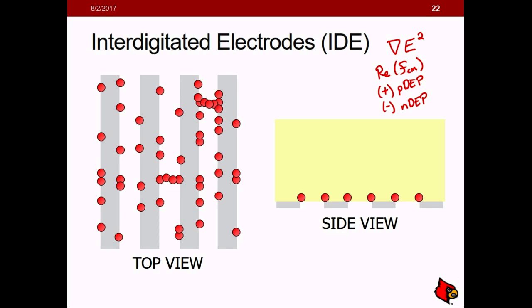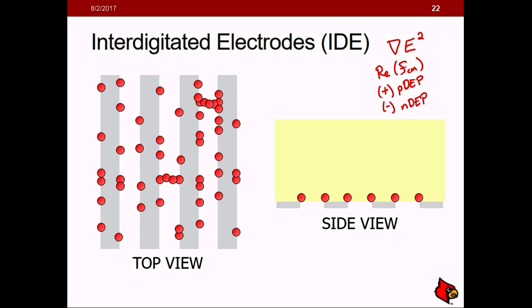If you have an electric field that's moving laterally for this illustration, you have an induced dipole and a neighboring particle that has an induced dipole. You'll have an attractive force between them because the negative pole on one end will be attracted to the positive end of the other, and hence you will chain particles across your device in the direction of the field.